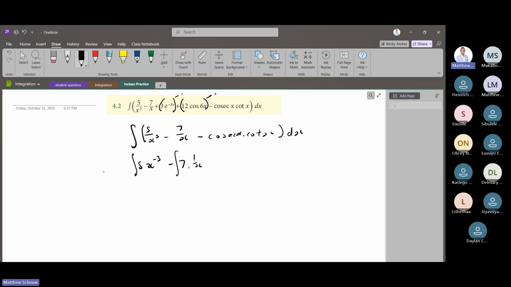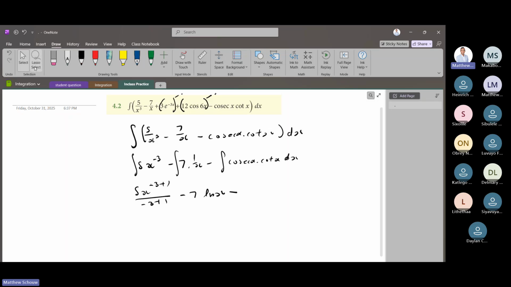I'm not going to put in the dx just for quickness. And we have cosec x cot x. So dx is attached to all of them, by the way. Keep the 5, minus 3 plus 1, and then we're going to say minus 3 plus 1 over here. This one is going to be 7 ln x. We should know this by now, 1 over x, and we have minus cosec x cot x.